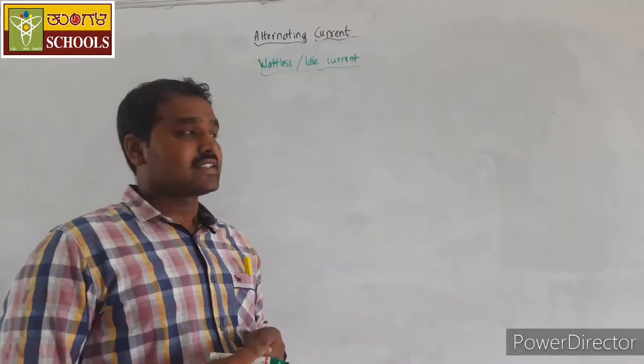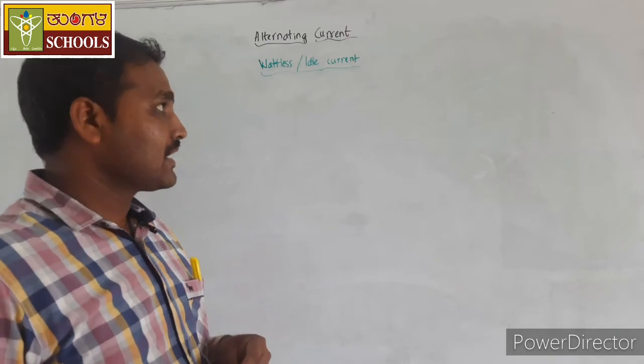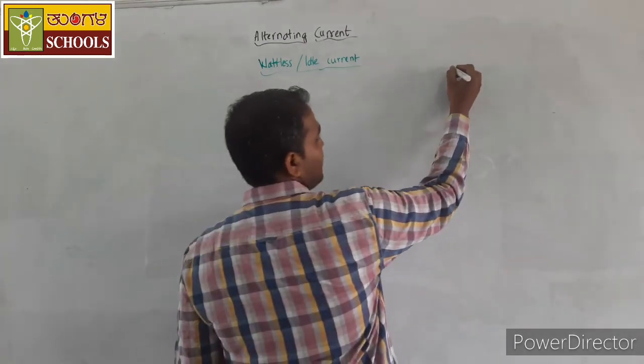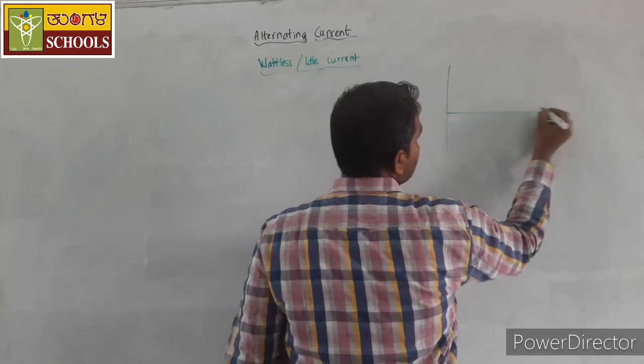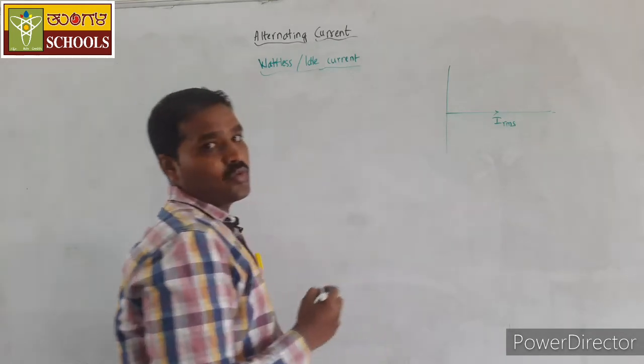Next, we shall discuss an interesting concept of Wattless current or idle current. For that, let us consider an AC circuit in which the current is IRMS and the voltage is VRMS.